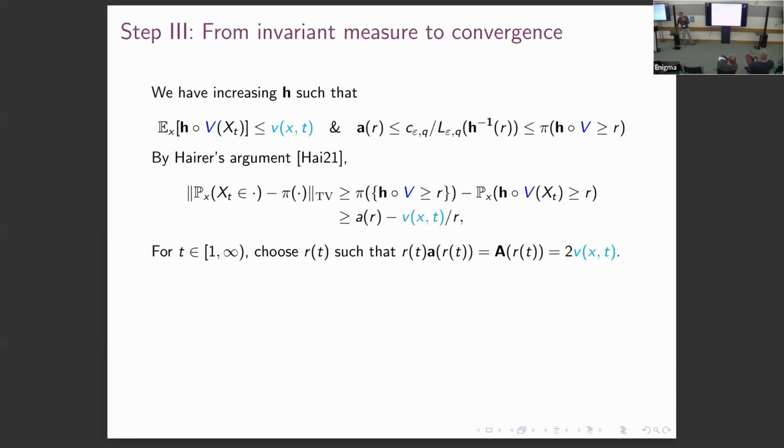this idea. So essentially, if you want to bound the rate of convergence in the total variation distance, the right way to look at it is to look at the difference between how much the invariant measure charges the tail and how much the marginal charges the tail.